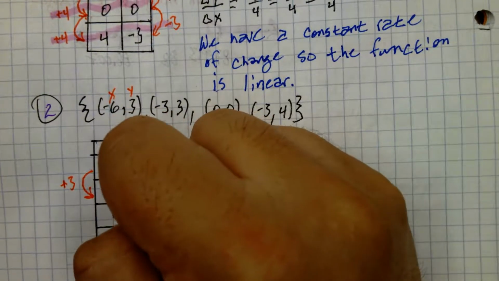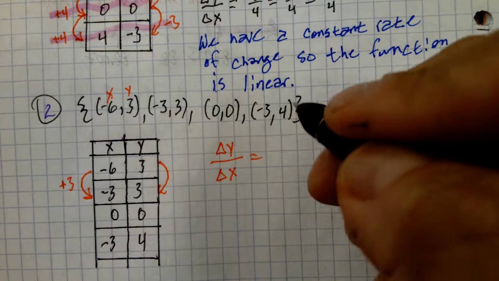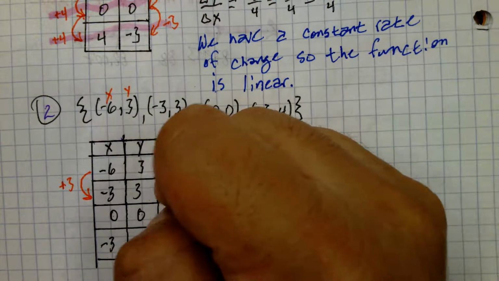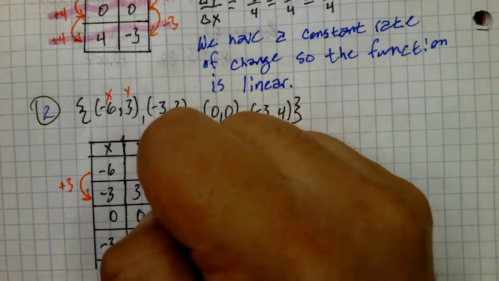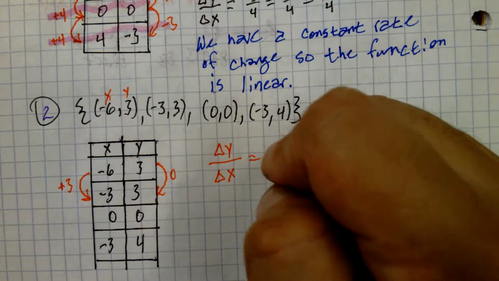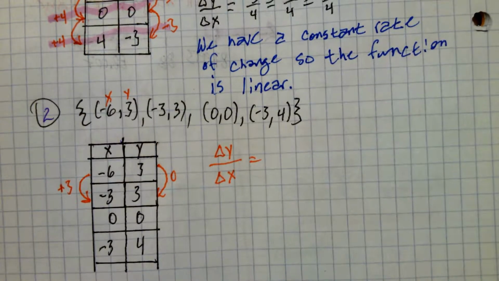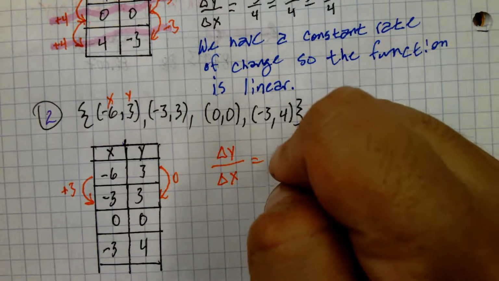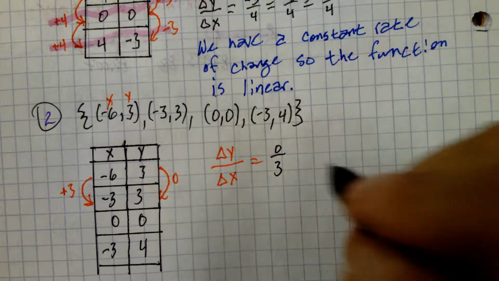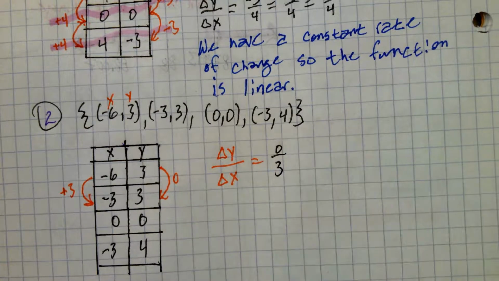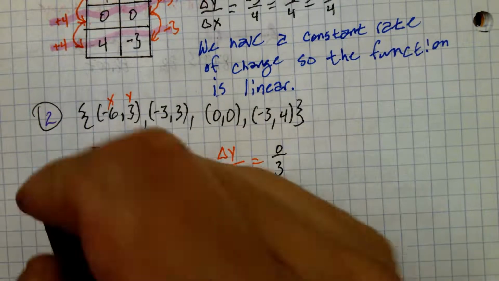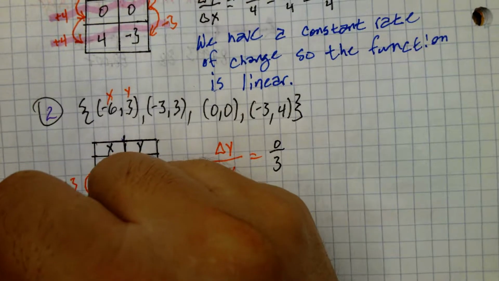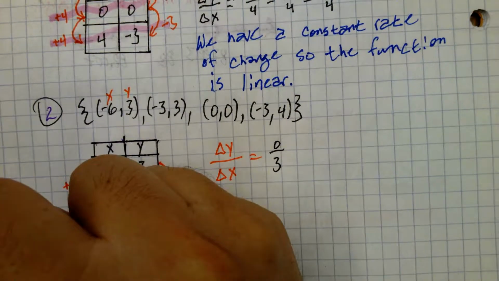Okay, let's see what we have here. 3 to 3. What's the increase there? 0. So we're going to start off with 0 over 3, which is a 0. Let's see what the next one gives us. -3 to 0. Well, this looks good because it's also increasing by 3.